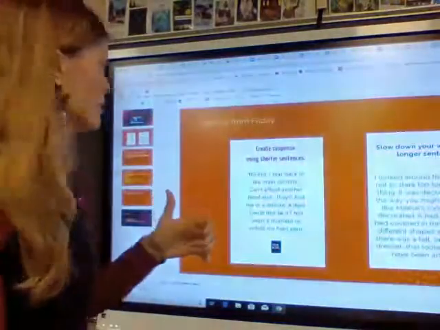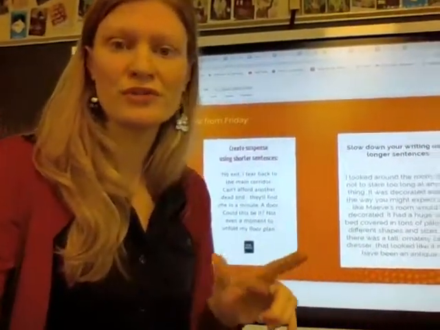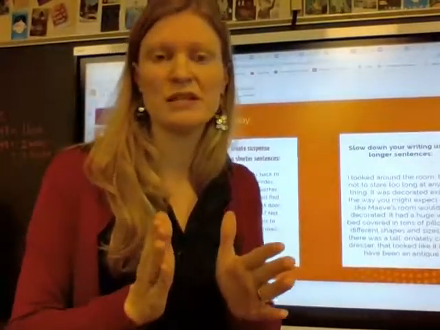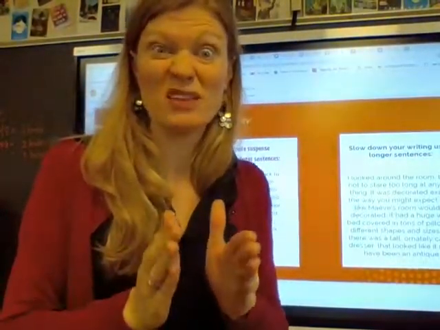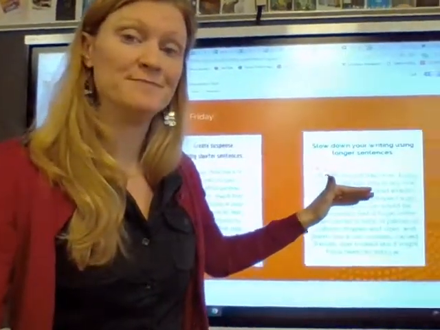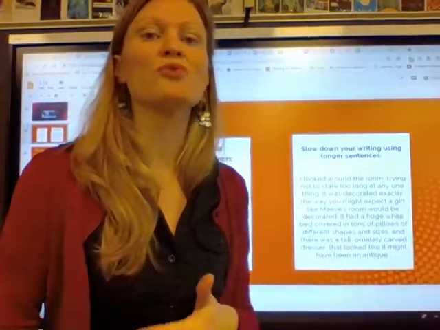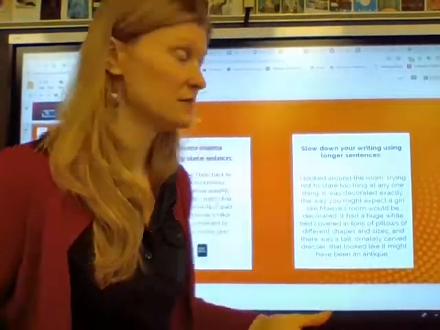The other thing we talked about on Friday was creating suspense by writing shorter sentences, chopping up your sentences to make it go faster and suspenseful. On the opposite end, if you want to slow down the movement, you write a longer sentence.